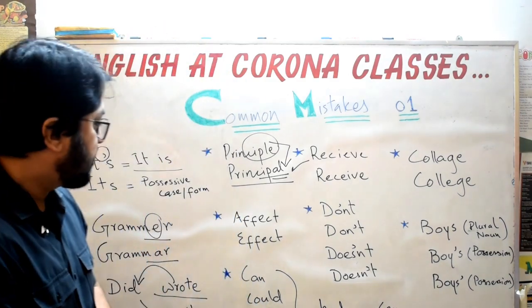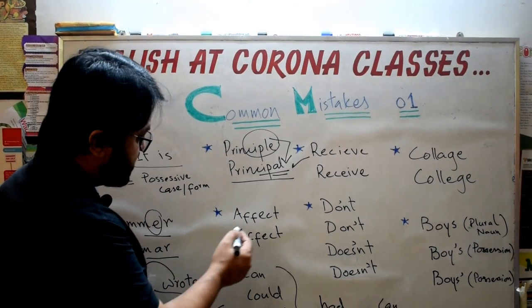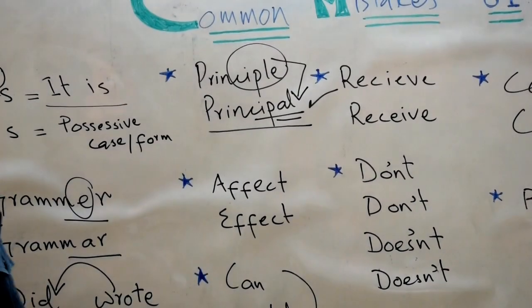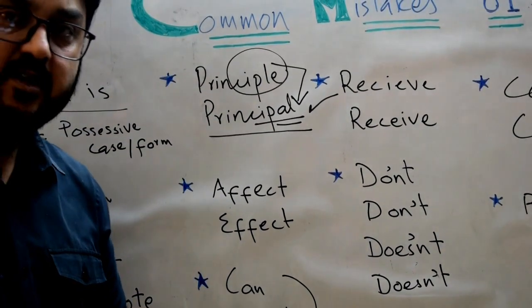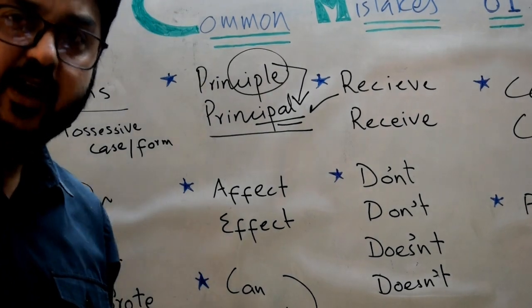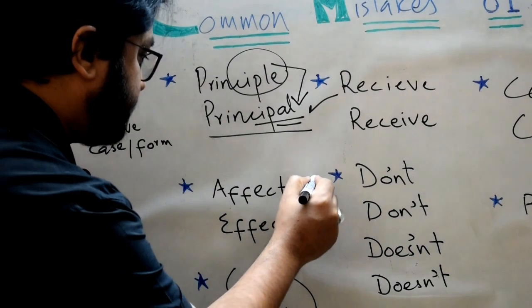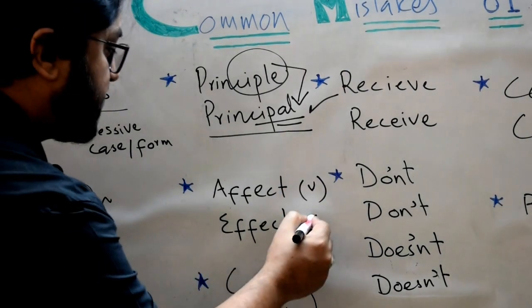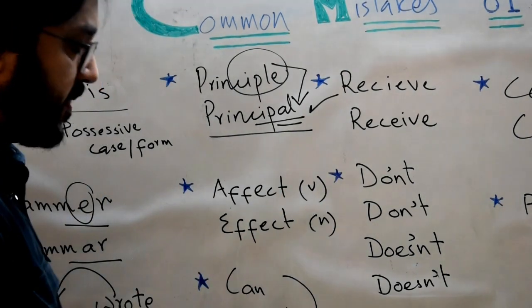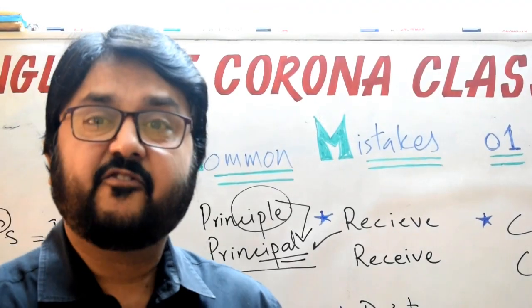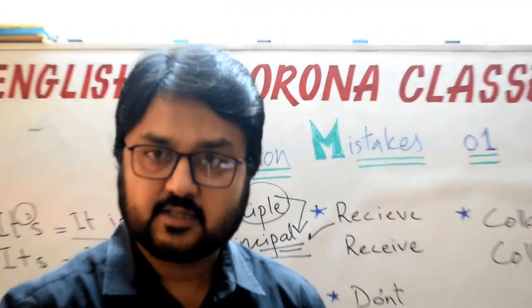And then there's another common mistake that is seen: students writing affect instead of effect, or effect instead of affect. Affect is a verb, effect is a noun. Like, Corona has affected the economy of the world.